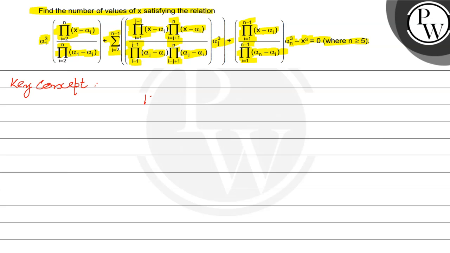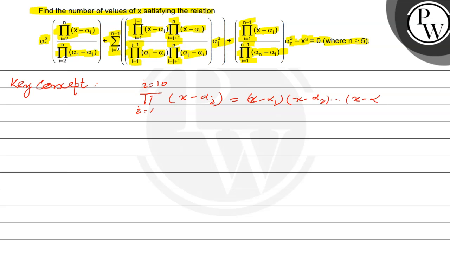This is the symbol of product. If I am writing i equal to 1 to 10, for example, and x minus alpha i, it means that we have to start from x minus alpha 1, and then x minus alpha 2, and it will go up to x minus alpha 10.